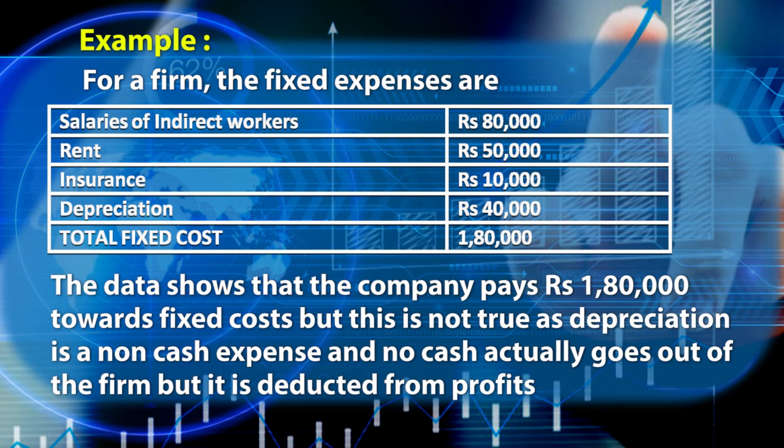The data shows that the company pays rupees 1,80,000 towards fixed cost, but this is not true as depreciation is a non-cash expense and no cash actually goes out of the firm, but it is deducted from profits, because of which the amount of profits gets reduced and the tax liability falling on it also gets reduced. Depreciation provides the tax shield.